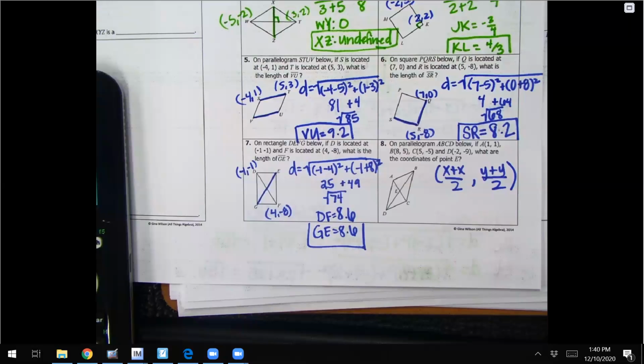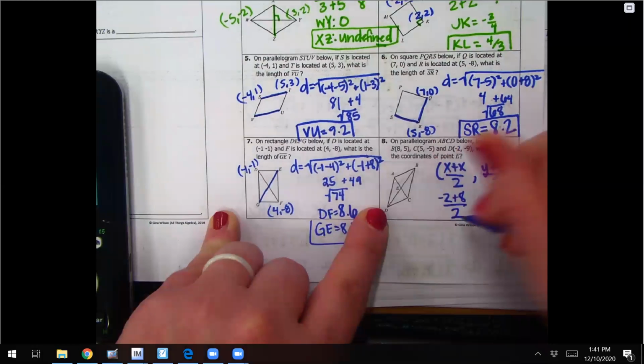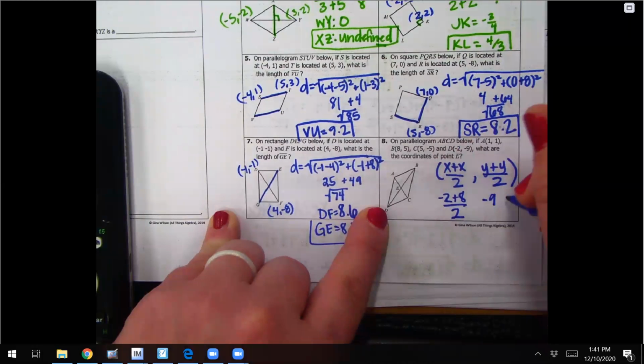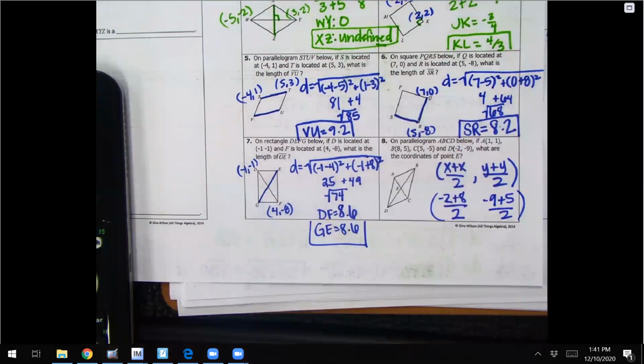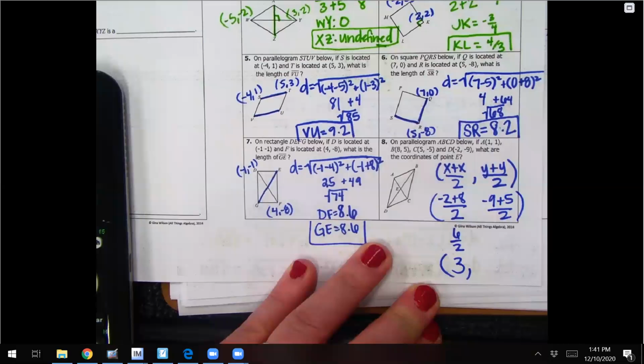Just plug in negative 2 plus 8 divided by 2, and the Y's are negative 9 plus 5 divided by 2. What's negative 2 plus 8? 6 divided by 2 is 3. And then we have negative 9 plus 5, negative 4 divided by 2, negative 2. So E is located at 3, negative 2, using the midpoint formula.